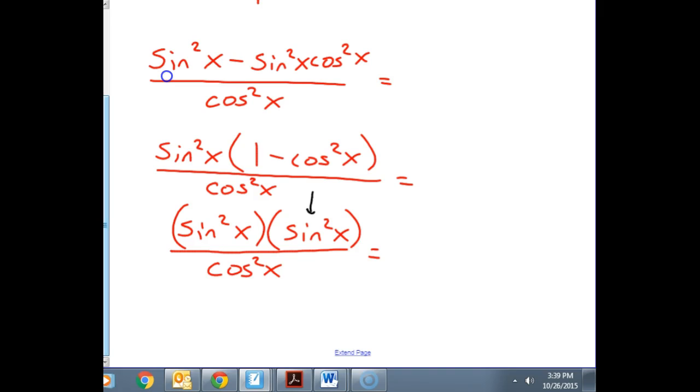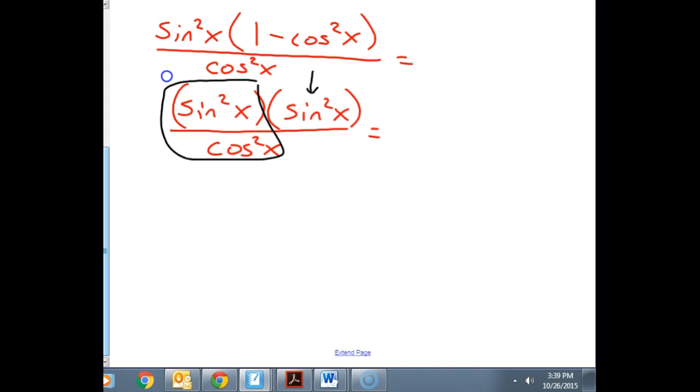Well, here's the sine squared x, and that right there is tangent squared x. So I pretty much hit my goal. All I have to do is write it down: tan squared x times sine squared x equals tan squared x sine squared x. There's my little check, and I'm done there.